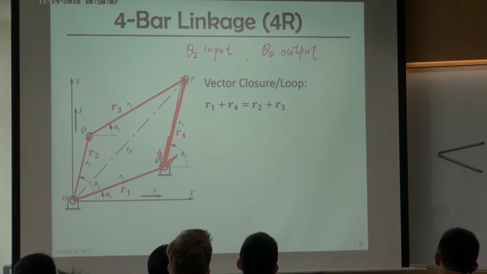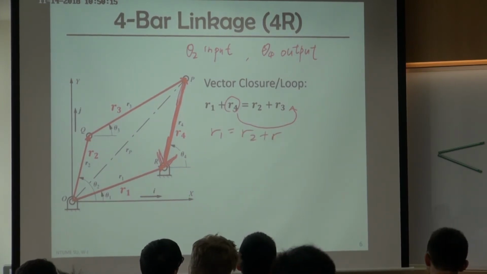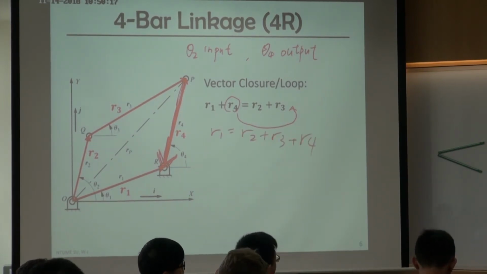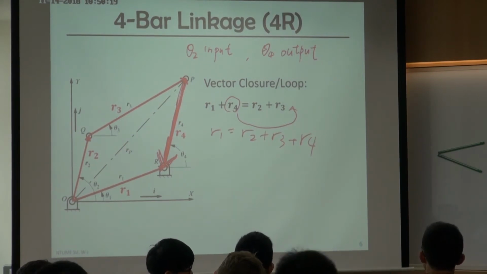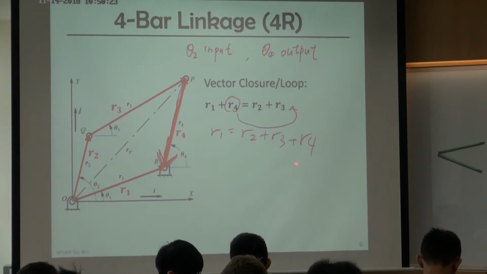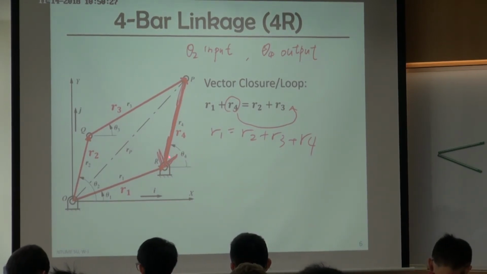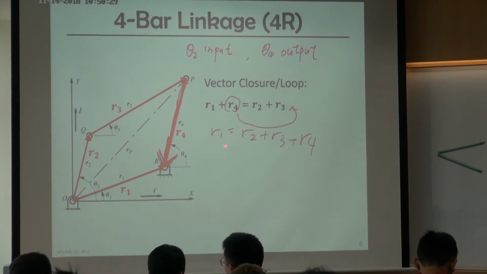Yeah, I just move R4 to the right-hand side, so it becomes R1 equals R2 plus R3 plus R4. So the direction is just your choice, but make sure all the vectors form a closed loop. Then you can write the equation like this.